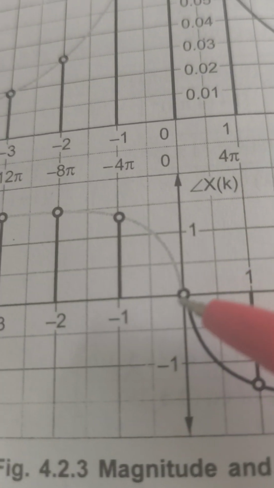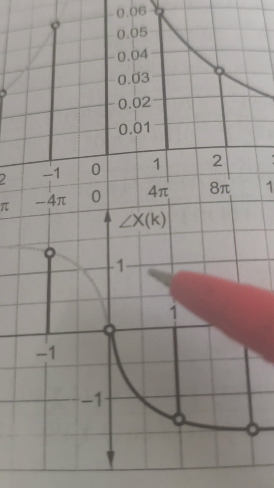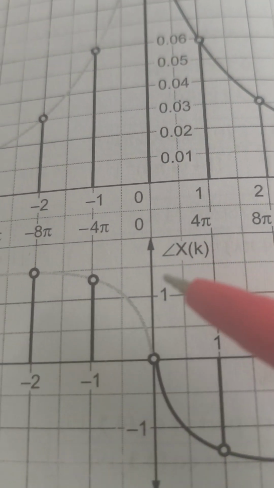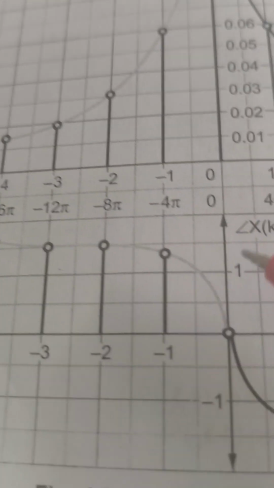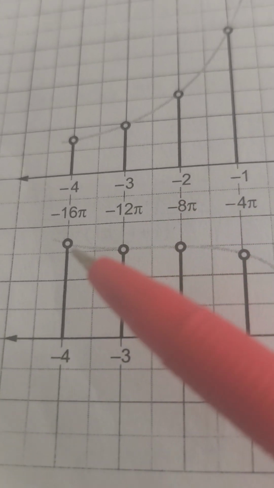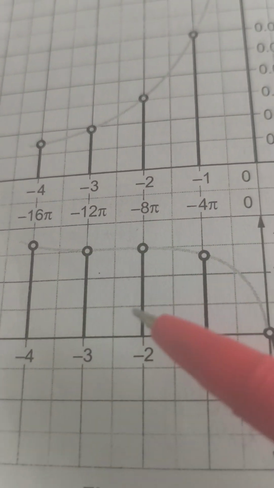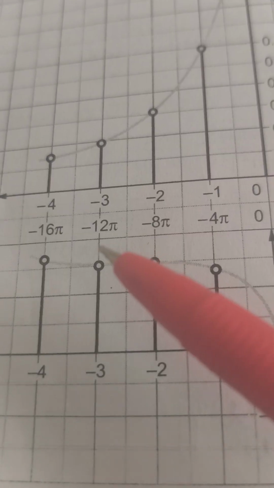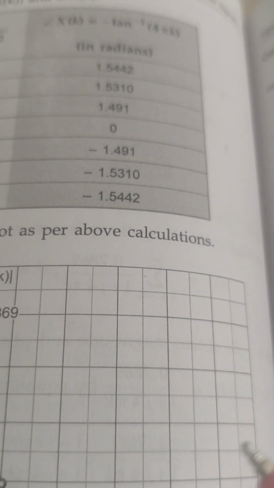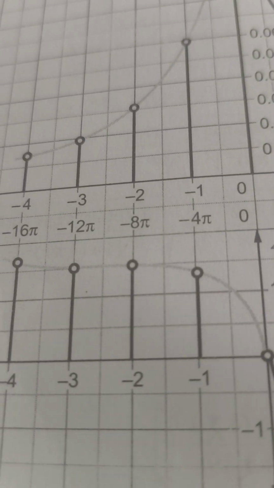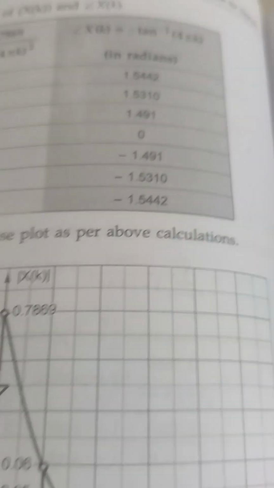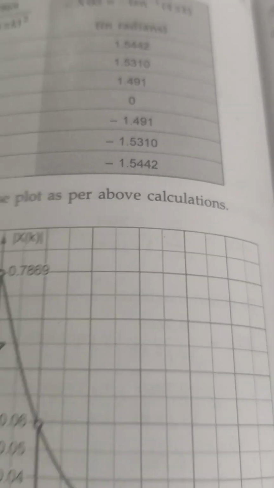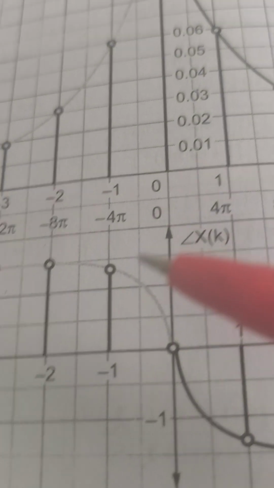It is the expression of the phase spectrum. For minus 2, it is also nearly 1.5. Then for minus 1, it is 1.4.